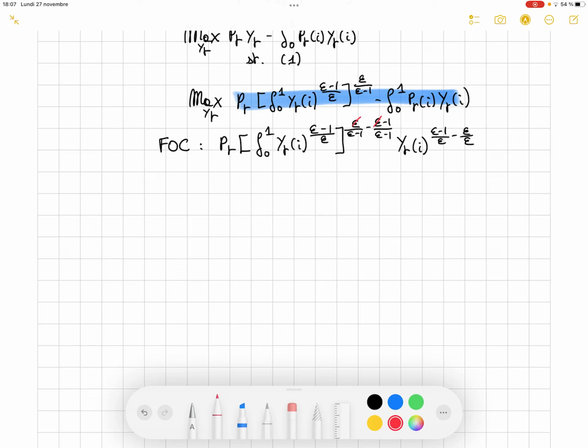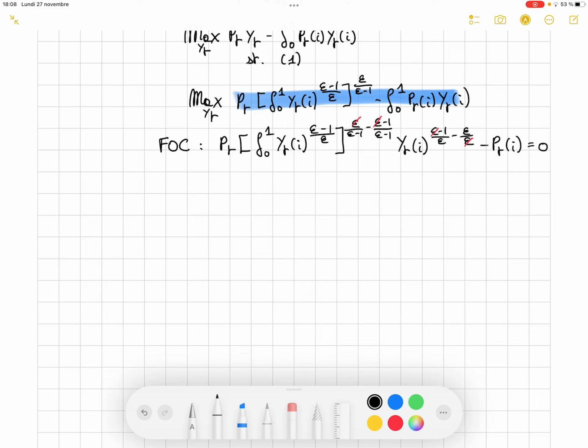Yep, so again this will cancel out and we will end up with minus 1 divided by, sorry, I said eta, epsilon here. And so we have this, and we have of course after that the derivative of the total cost, that is just basically the price of the variety here. Okay, now at the optimal level this is equal to 0.